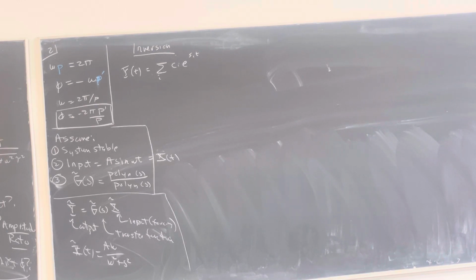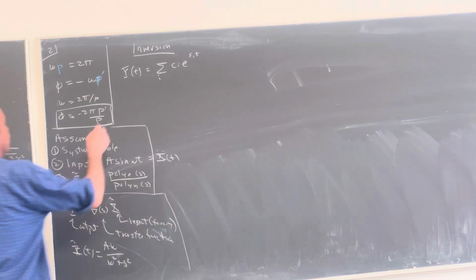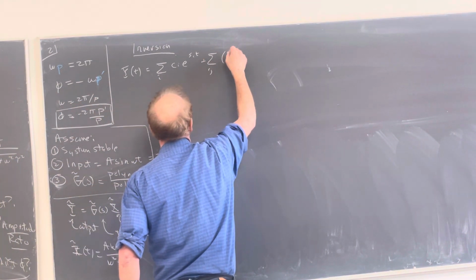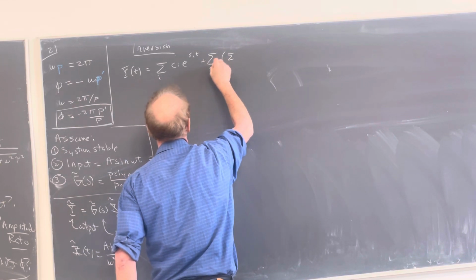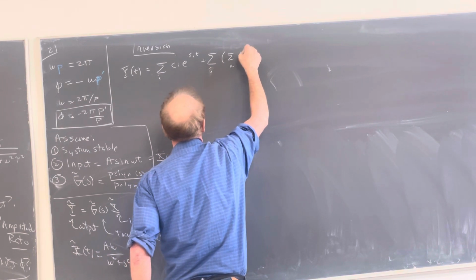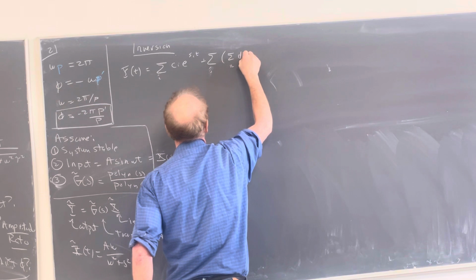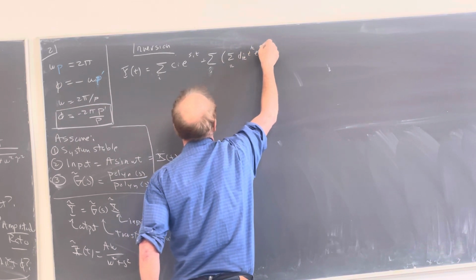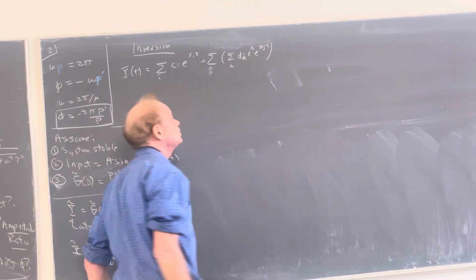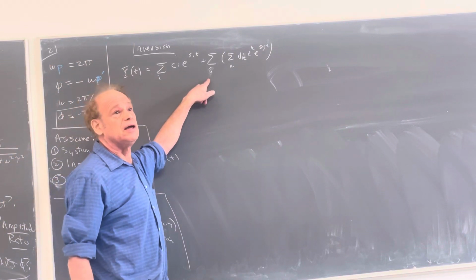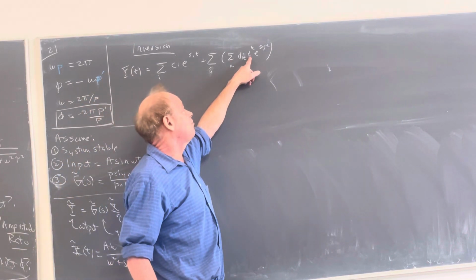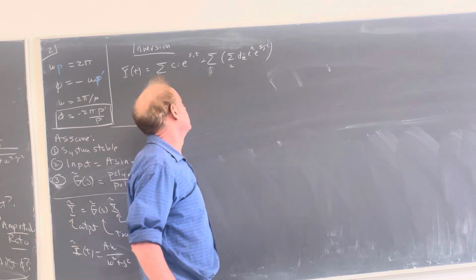And then I'm also going to get a sum over j, where I also have a subsum over k, d_k t to the k e to the s_j t. So this is for multiple poles. Remember, every root that's a multiple root of the denominator gives me a sum of terms that have powers of t times exponentials.